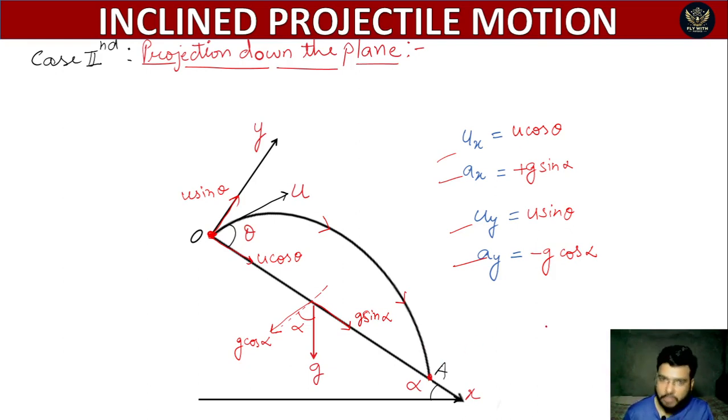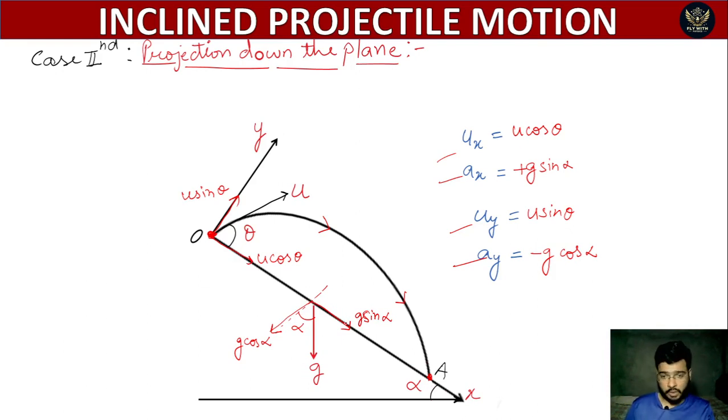Now we will discuss. First of all, just generalize all the things. This is u, this is u cos theta, this is u sin theta. This one is the x axis, this one is the y axis, same as before. This one is alpha. G is acting downward as always, and this one is g cos alpha, this one is g sin alpha.